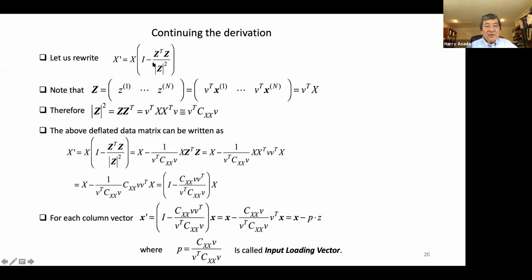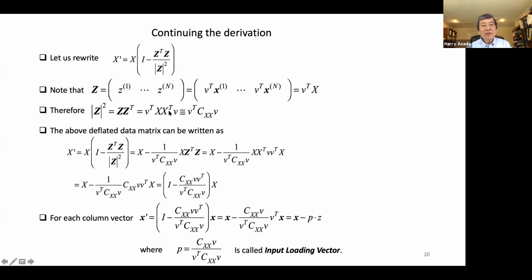So let's compute this guy, Z squared. This can be written as Z Z transpose. Again, please remember that Z is a row vector, so this represents an inner product, right? And then we substitute the above equation. Z is replaced by V transpose X, and with this transpose we just change the order.